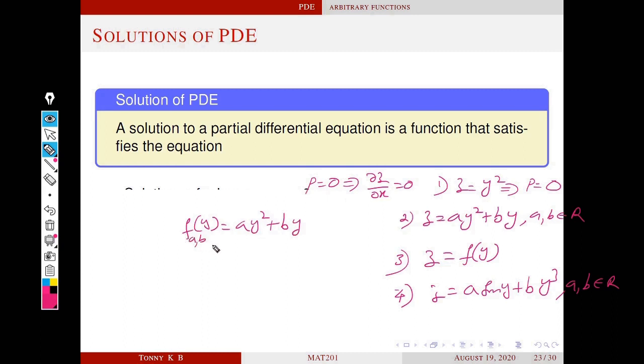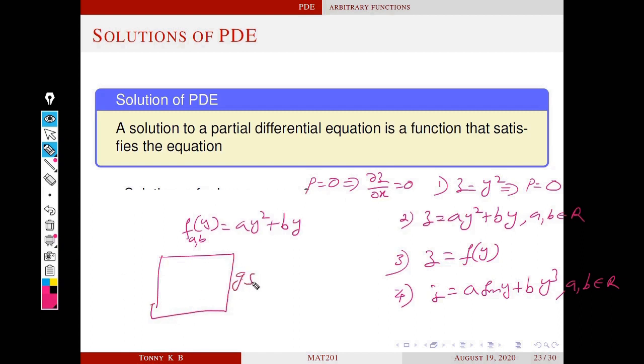So f_ab is a function, f_ab of y is defined by ay square plus by. Corresponding to different a and b, we get different functions. All these functions belong to this family because all of them are functions of y. So you can generate this complete integral by choice of such functions.